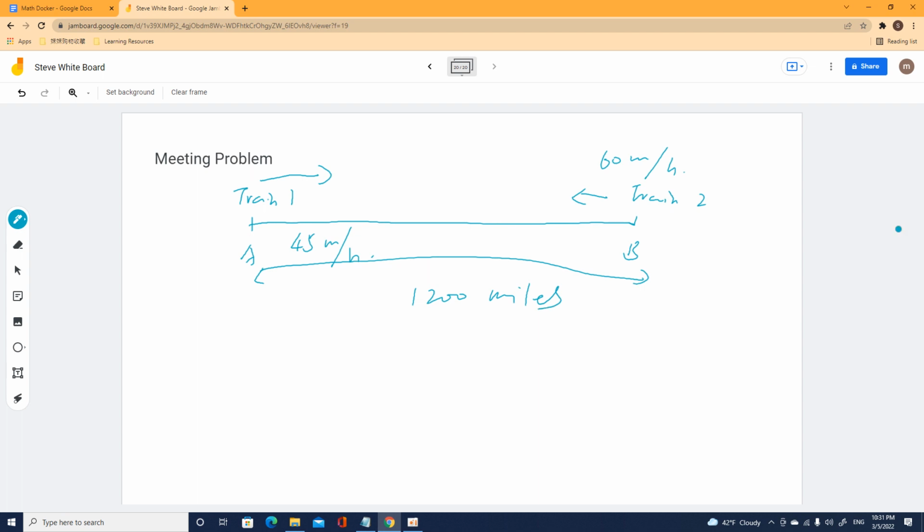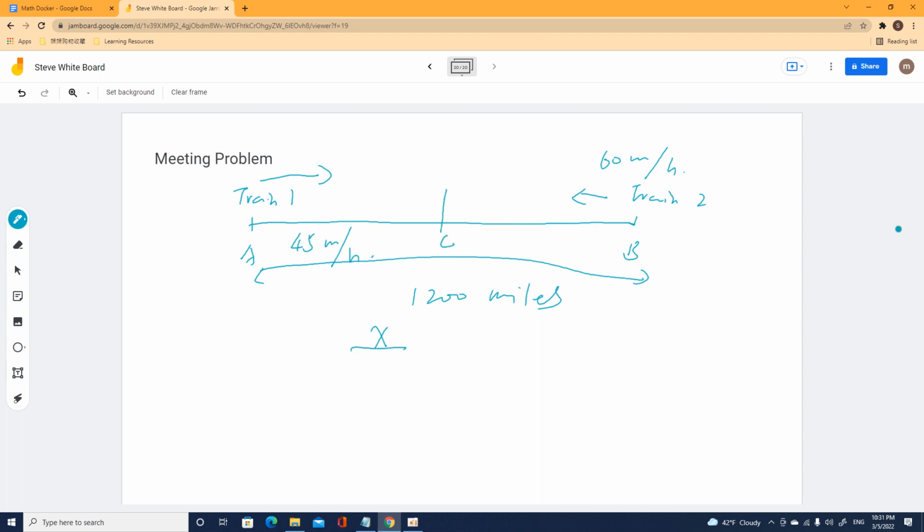Usually the meeting problem asks you after how many hours train 1 and train 2 will meet together. Usually we assume after X hours train 1 and train 2 will meet. So let's assume they meet at this point.